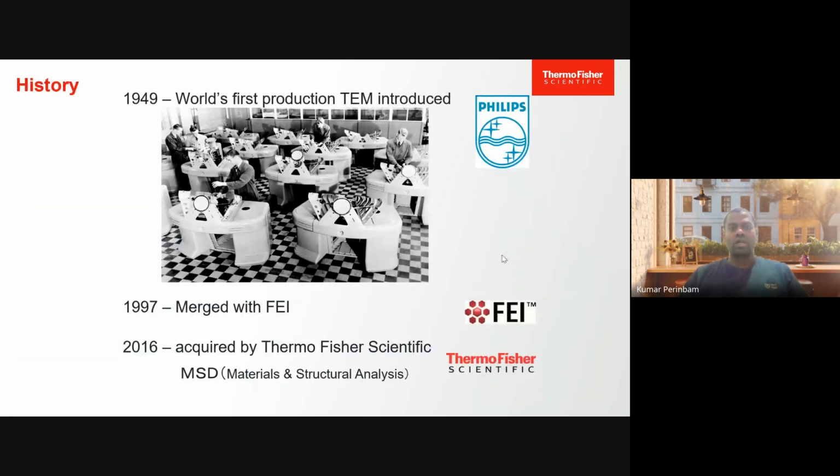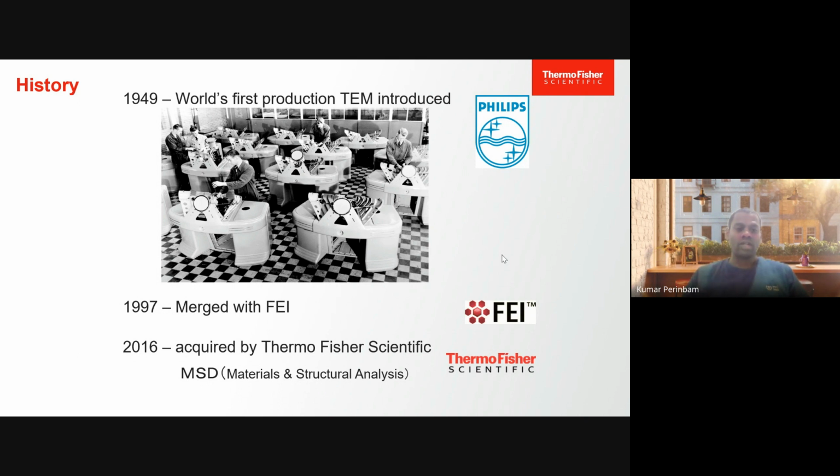So this electron microscope had a humble beginning around 1949, when it was built on a desktop. Now the high-end electron microscope is about 3 meters tall, so it's quite huge.